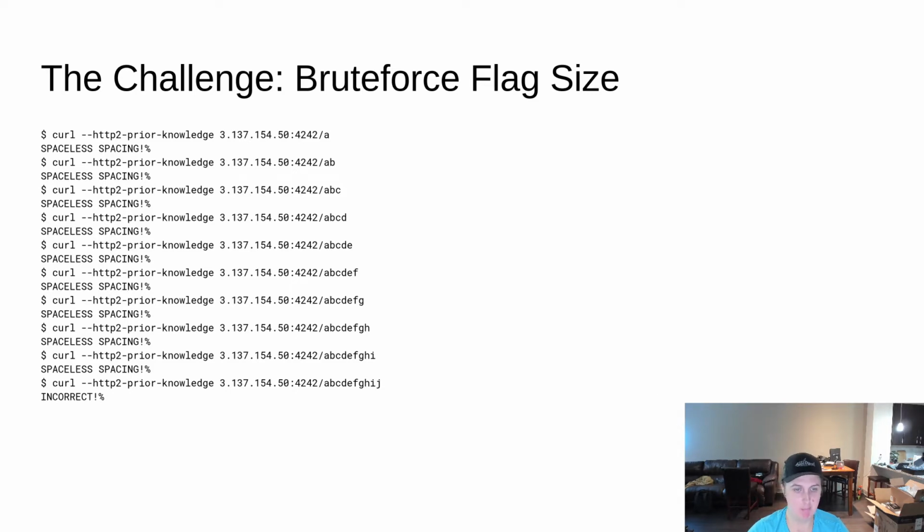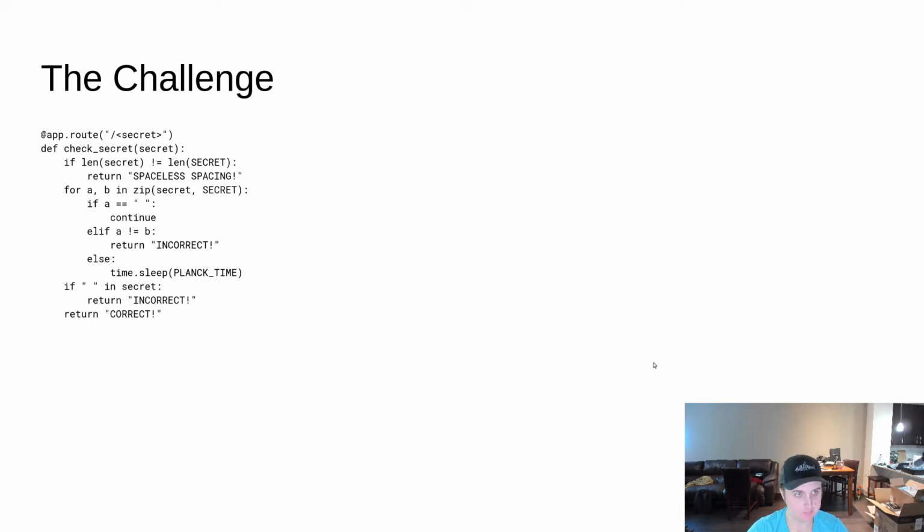There's not going to be that many options for how long the flag is. If we just run through and send an increasing number of characters, we can see in this case that once we do A, B, C, D, E, F, G, H, I, J, 10 characters, we get back this incorrect message. So we've already learned that the flag is 10 characters long.